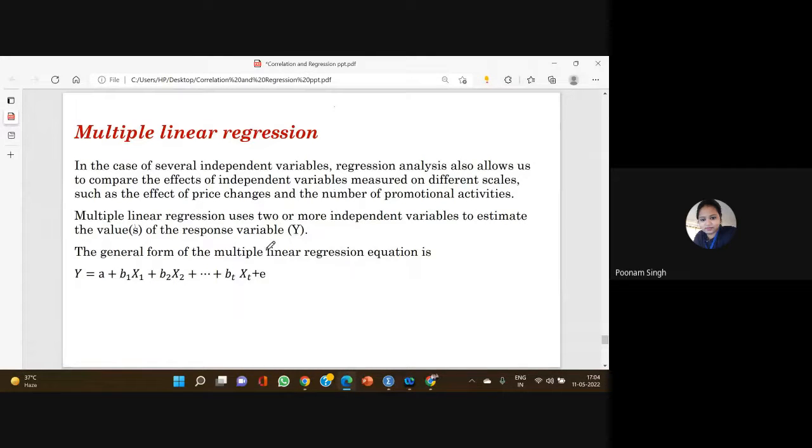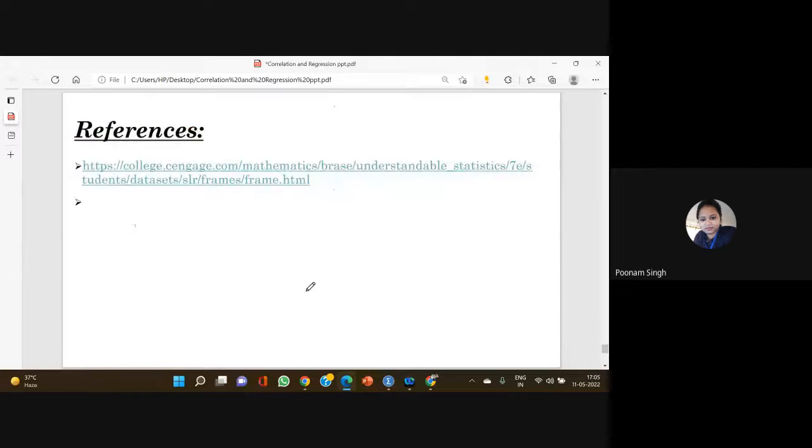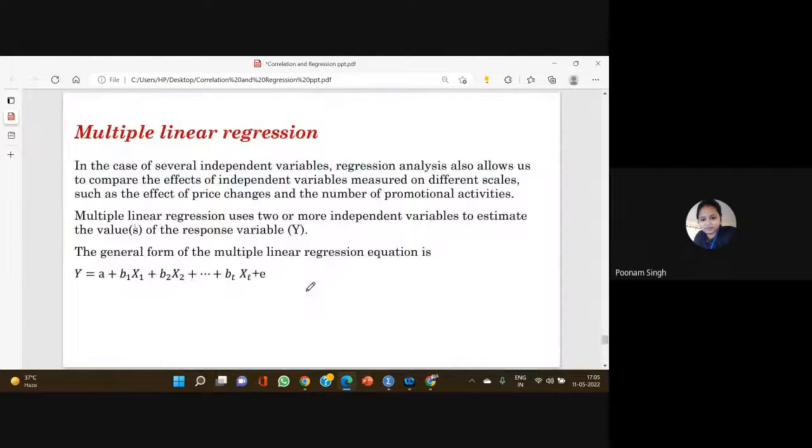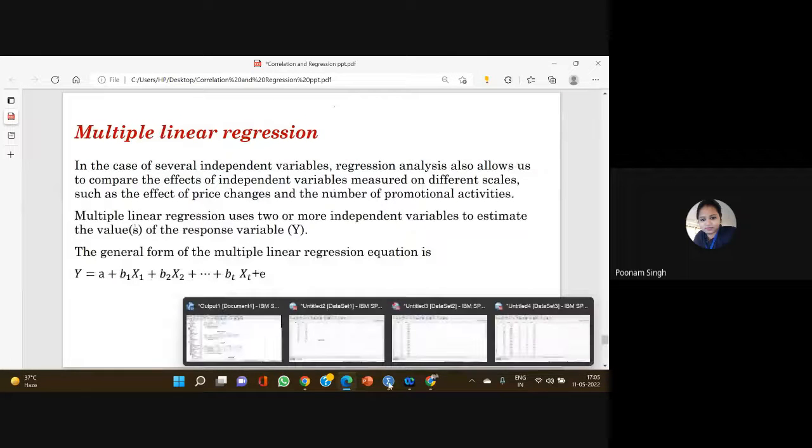First of all, we will check all the assumptions, and as compared to the previous one, we will also check for collinearity. In this case, we will check linearity, collinearity, independence using the Durbin-Watson test, normality of residuals, and homoscedasticity. After checking all these things, we will report the result. So this is all about it.